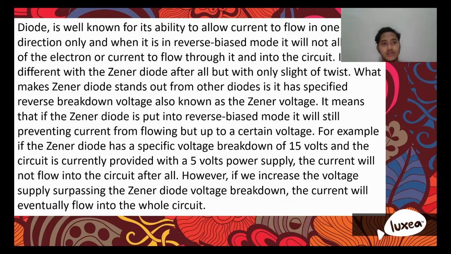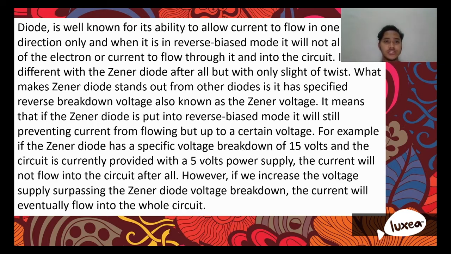Next, according to my research, a diode is well known for its ability to allow current to flow in one direction only, and when it is in reverse bias mode, it will not allow any electrons or current to flow through it and into the circuit.